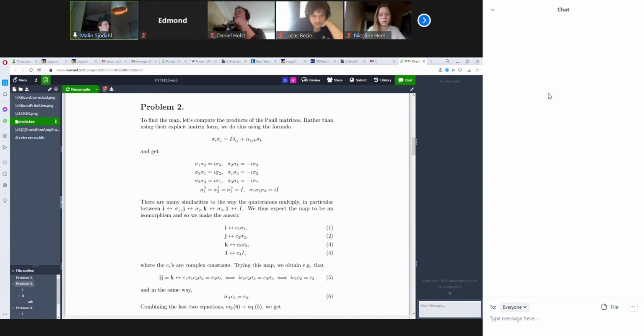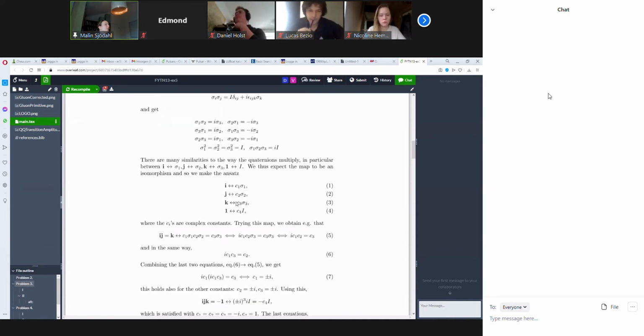So we could guess that it should be a factor of I that matters. But maybe it's a little bit more general to make an ansatz where we think that they are related linearly with a constant that is allowed to be complex.